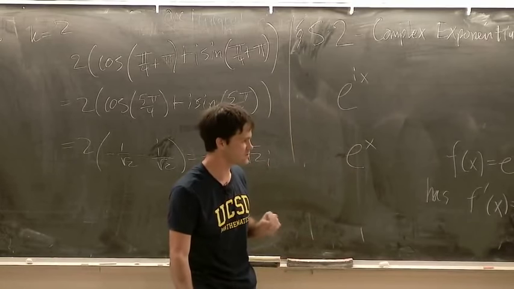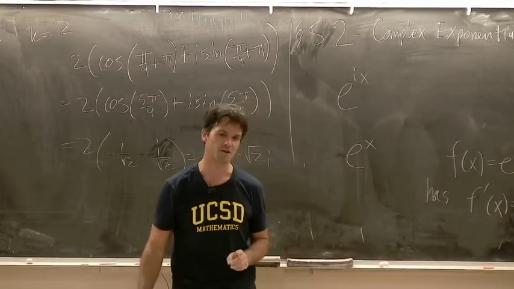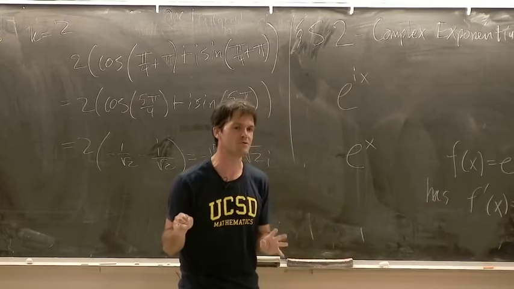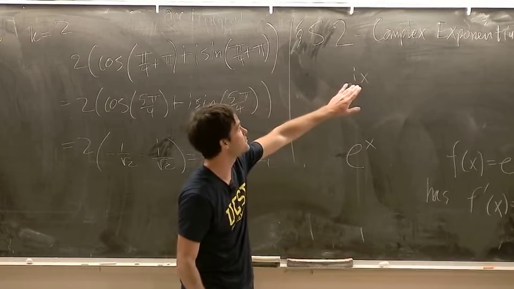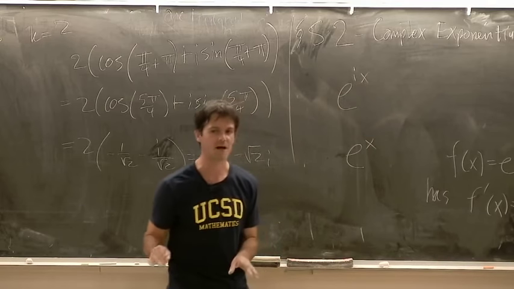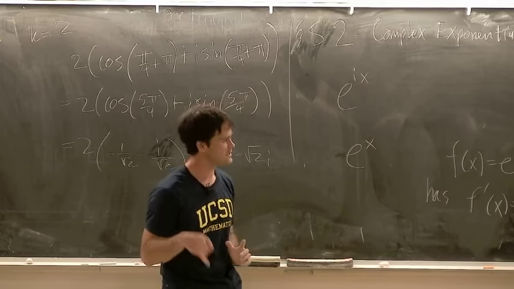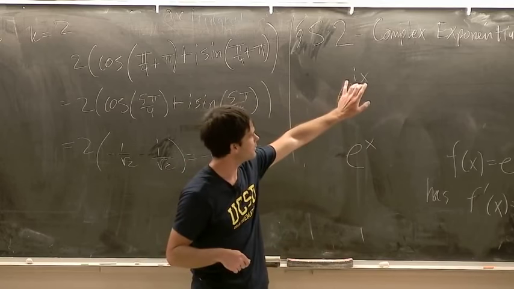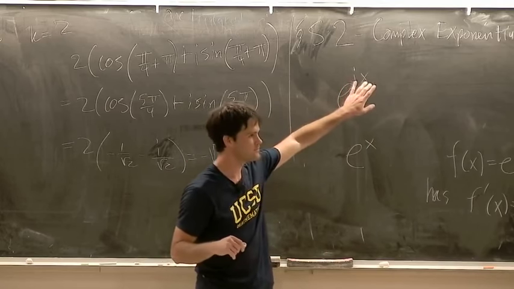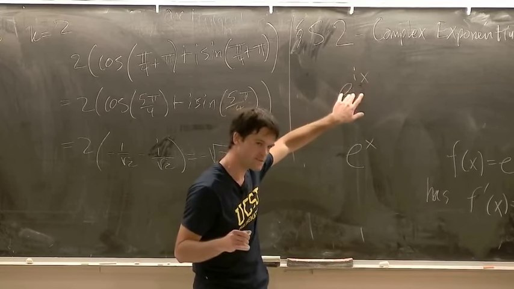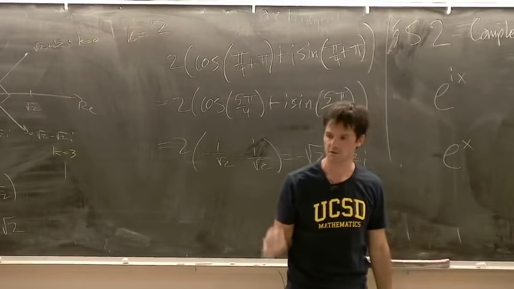Here's what we're going to do. I'm not going to prove to you that we're allowed to plug in imaginary numbers, because that's beyond the scope of this class. But what I will do is say, supposing that we're allowed to plug in imaginary numbers or complex numbers in general into an exponential, I want all the same rules to still be true.